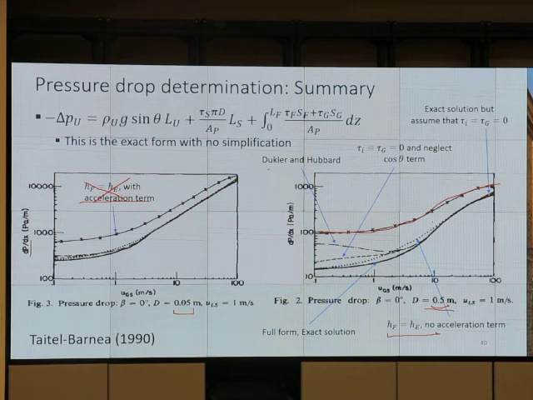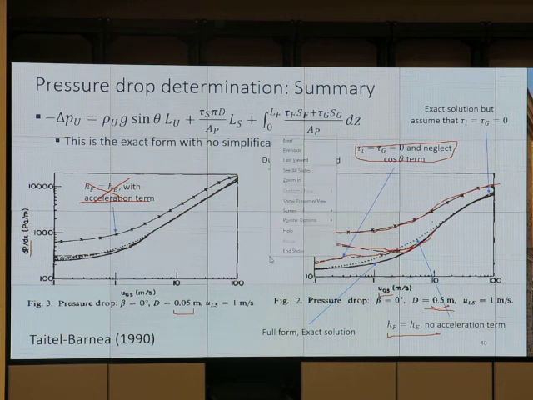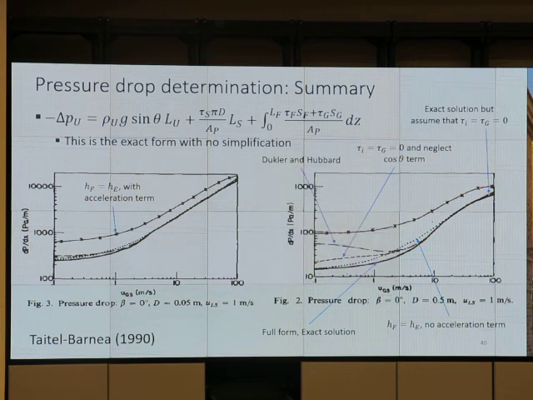So if we do the Douglas-Hubbard model, neglecting tau I and tau G, of course it doesn't match for low velocity, low SG. The full form will match. So when they show more cases and they are close to each other, then now we can trust them.